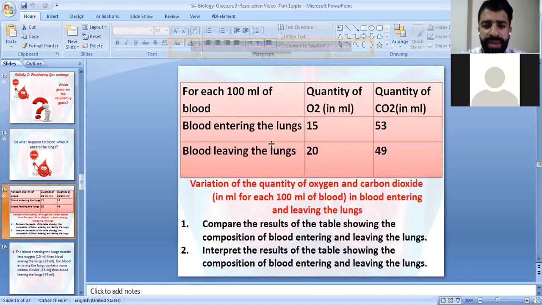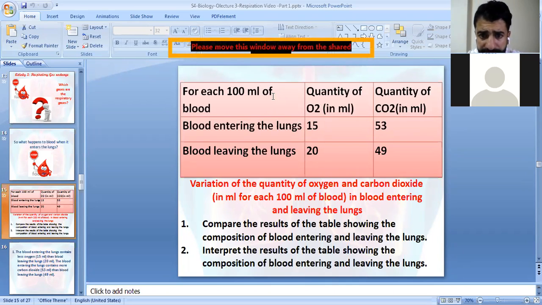Here in the table we have blood entering and blood leaving. We have the quantity of oxygen gas in milliliter for each 100 milliliter of blood, and the quantity of carbon dioxide gas in milliliter for each 100 milliliter of blood. Quantity of oxygen in blood entering was 15, while leaving it was 20. For comparison, we have to say greater than, less than, higher, lower.